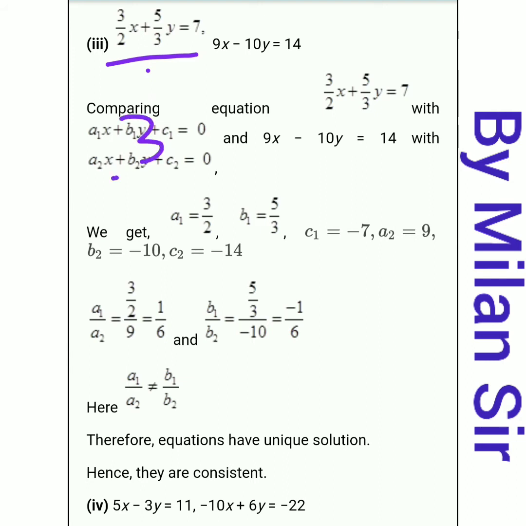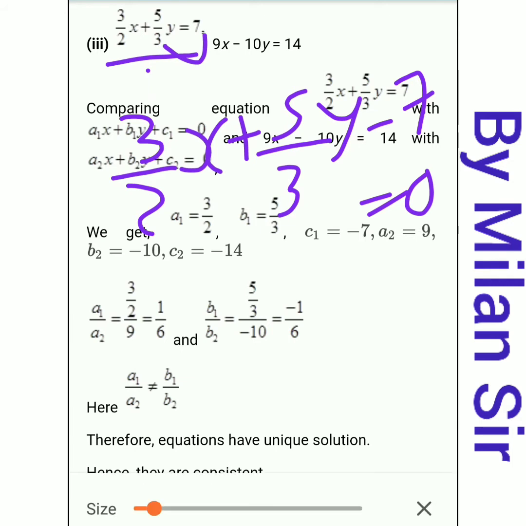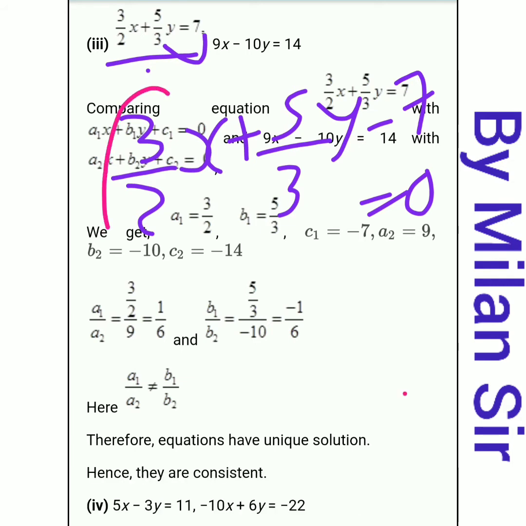So first of all we can write like this: 3 by 2x plus 5 by 3y, then transfer this 7 to the left hand side. It becomes minus 7 is equal to 0. Right, now compare this equation with the standard form. So this is your A1, coefficient of x, 3 by 2.